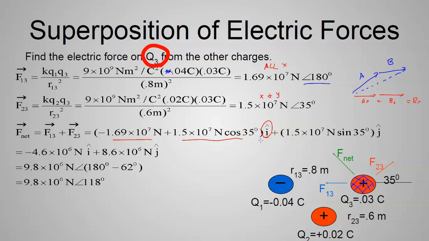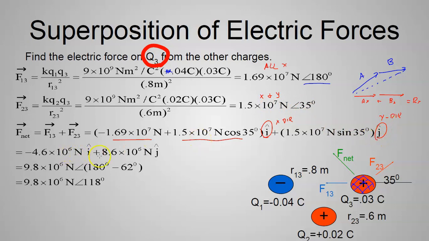Remember those little pointer vectors that say go to the right? And this one says go up, x direction, y direction. So I kind of compacted that into one thing just to save a little bit of space here. This one did not have a y component, so it doesn't appear here. This one does have a y component. I need the magnitude times the sine of 35 degrees, and that'll tell me how much it's going up.